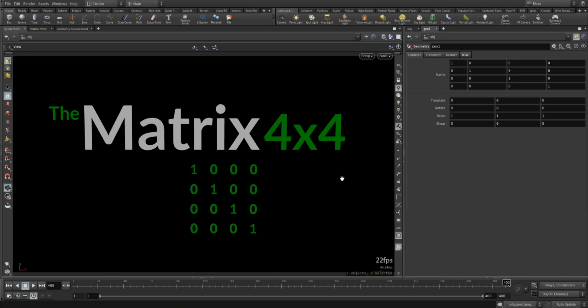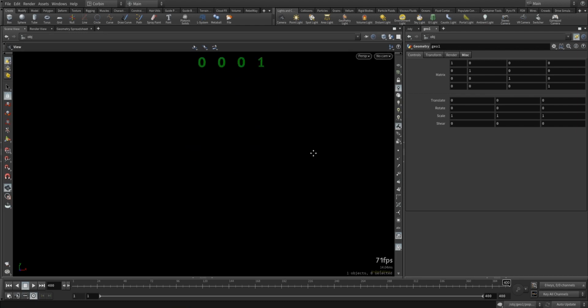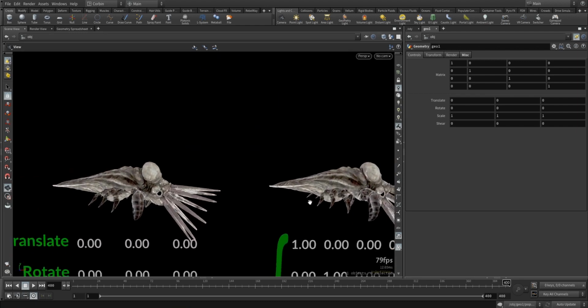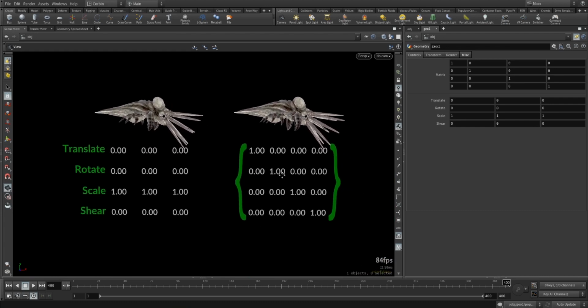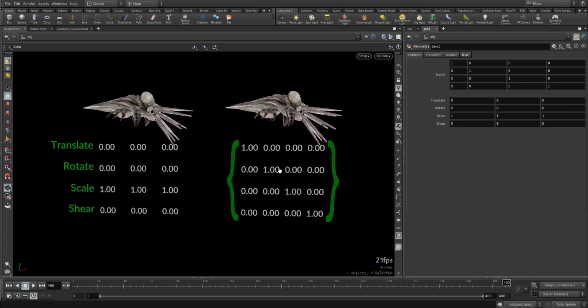And then we want to try and understand what they are and what they do, just so that those functions make more sense. Okay, so ultimately, the primary use of matrices is for transformations. Okay, so our translate, rotate, scale, and shear, as well as, of course, uniform scale and the offset of pivots.